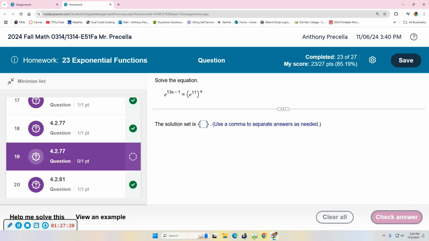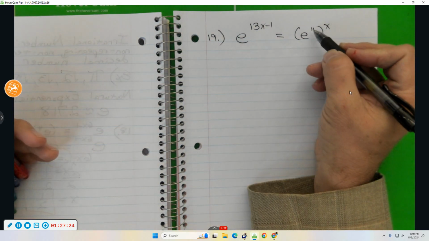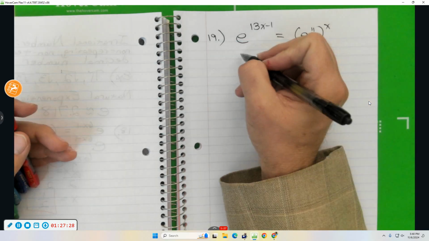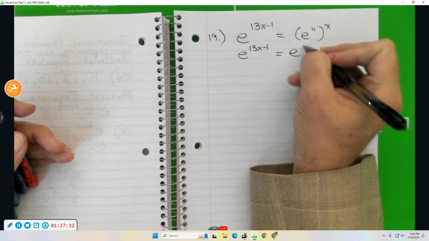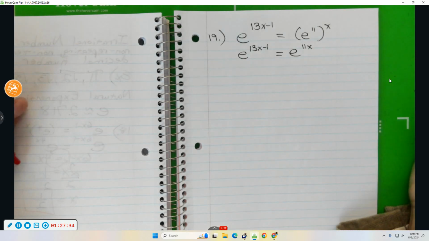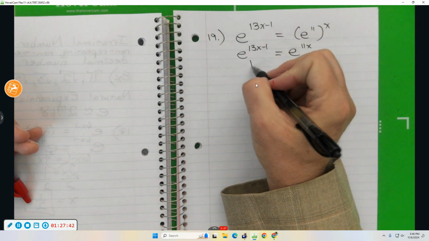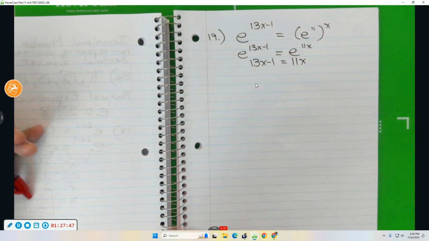So what am I going to do first? Okay, that e to the 11th to the x, I'll write that as e to the 11x. And then what am I going to do? Drop the bases, set the exponents equal. So we have 13x minus 1 is equal to 11x.